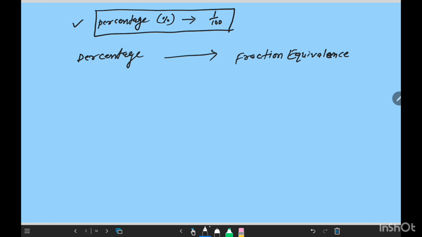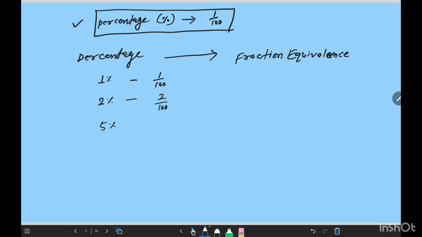How can we do that? 1%, that means 1 upon 100. This is very simple. 2%, that means 2 upon 100.